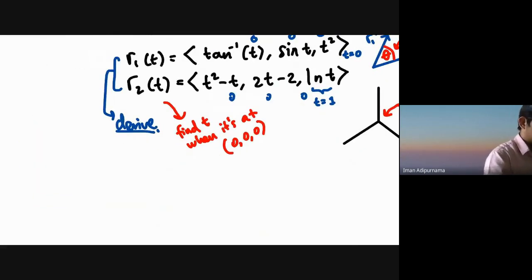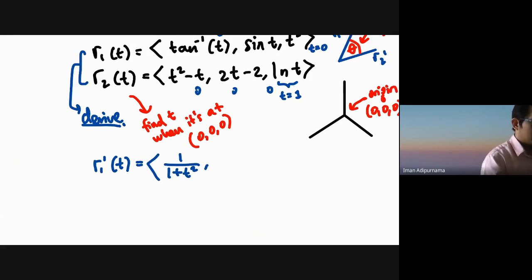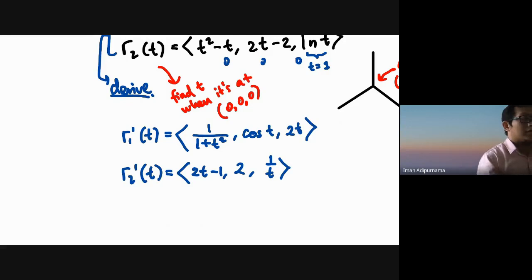So let's write the r prime first. The first equation will be 1 over 1 plus t squared for tangent inverse, and then cosine t, and then 2t. And then the second one: 2t minus 1, 2, and ln will be 1 over t.